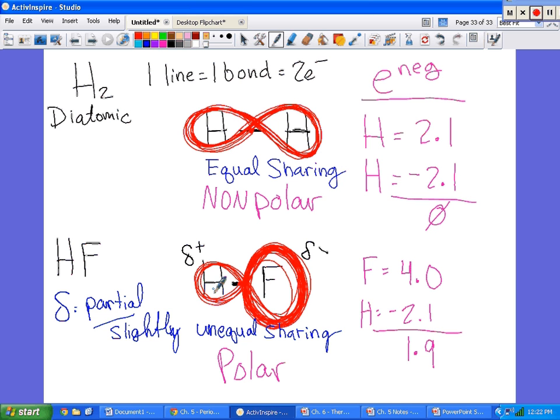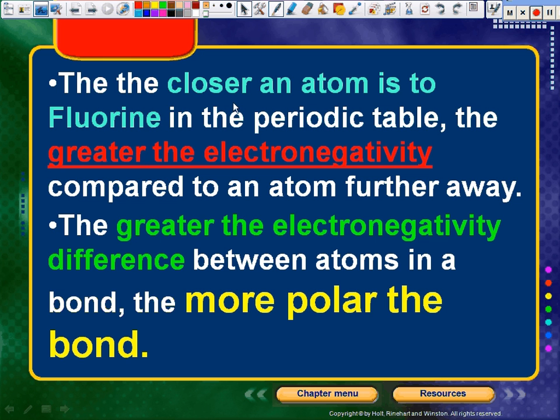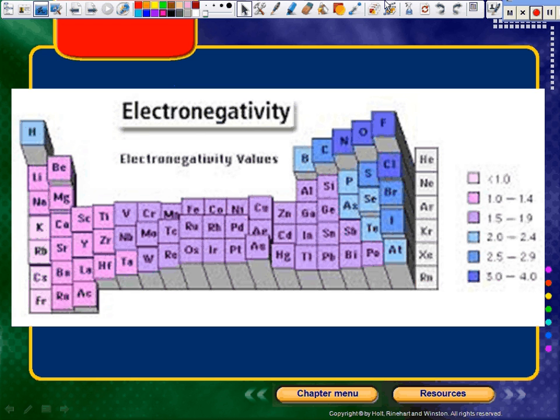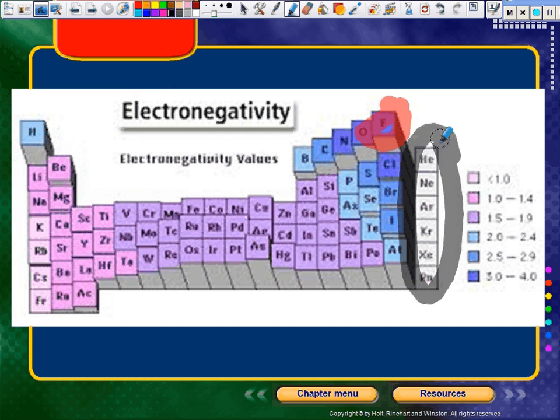All right, so now let's go back and look at this chart. Obviously, where is the highest electronegativity? Fluorine. We know that fluorine is the highest, but there is a group that we left out. Why did we leave the noble gases out? They don't react.